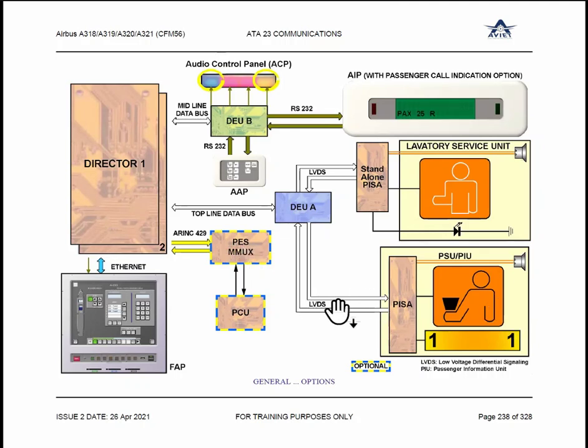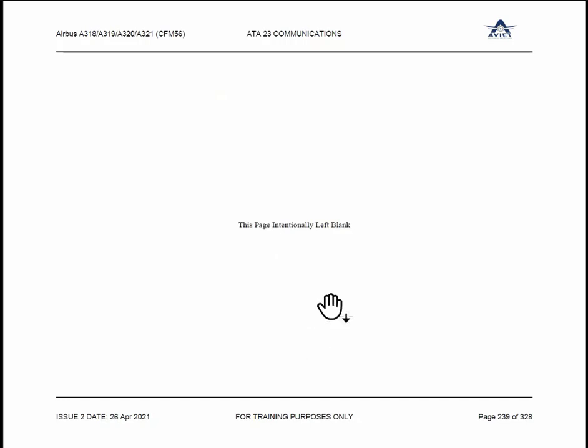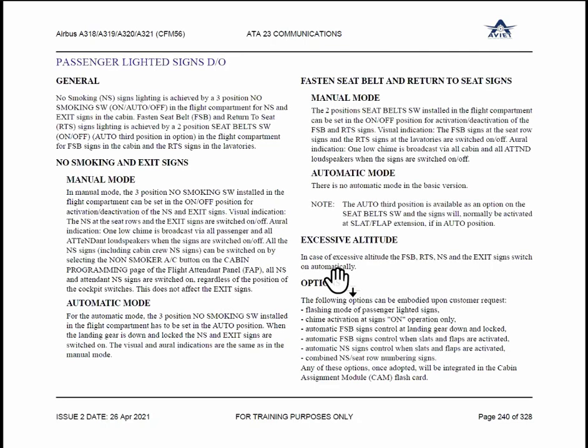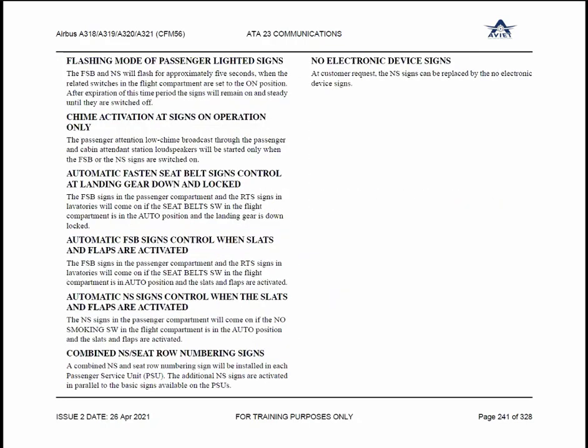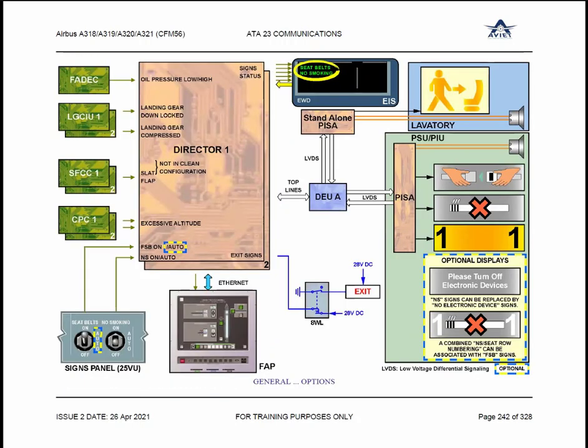Only difference is now they are connected by the LVDS buses, low voltage differential signaling buses, and the display unit change. That's it. Passenger service unit is changed for PISA. Otherwise, functions are same. Sign, no change except PISA and display.